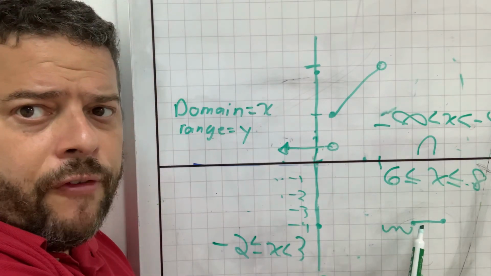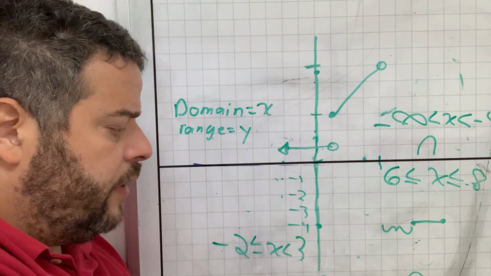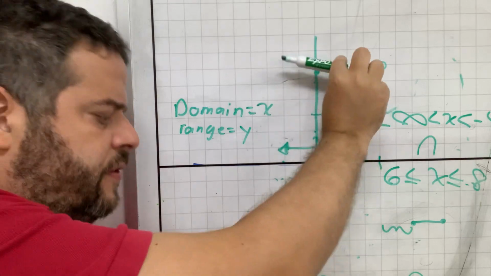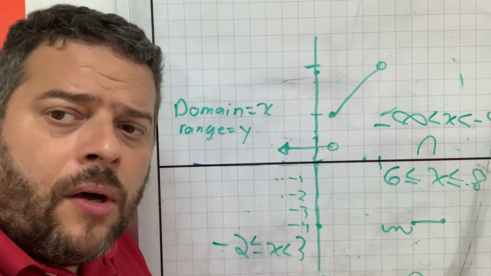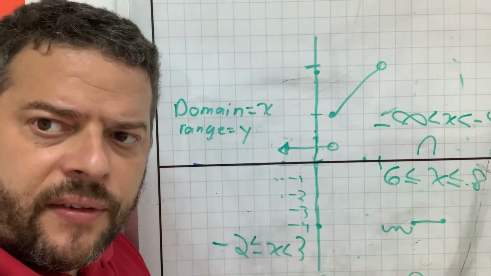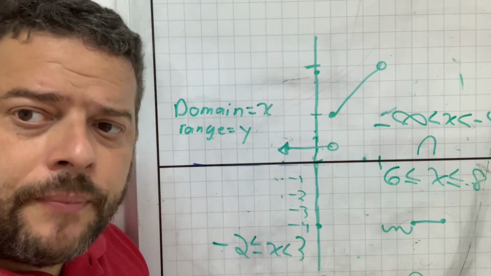Again, I don't care how far to the right or how far to the left. I would exist at 1, so -4, 1, and I would exist from this value to this value. And that's pretty much it for range. It's exactly the same as domain, only applied to the y-axis instead of the x-axis. Ask questions if you have questions. This is incredibly important. Have a great day.